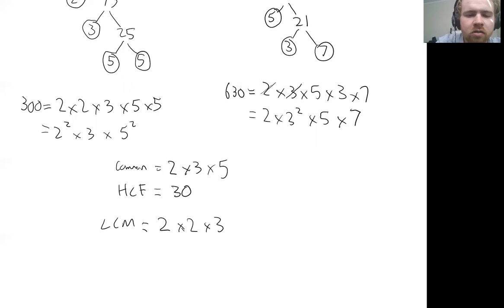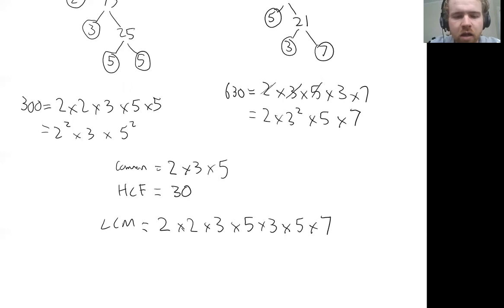And then I can include this 5, and I can cross out a 5 over here. Okay, but you see, I've got to include this 3 again because I was only able to cross out 1 over here. I've got to include this 5 as well, the second 5. And I've got to include this 7 at the end.